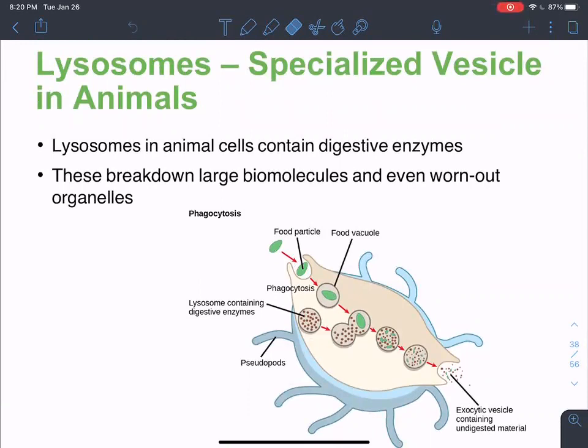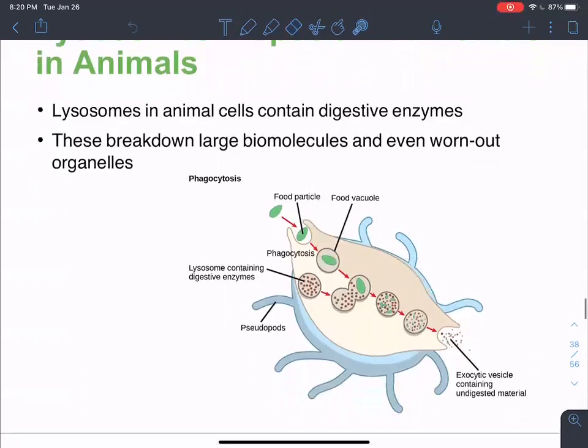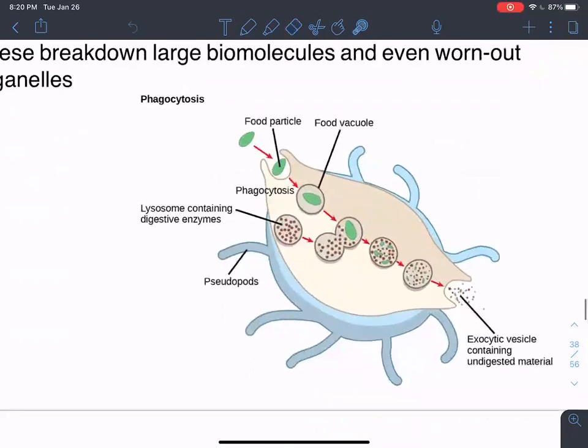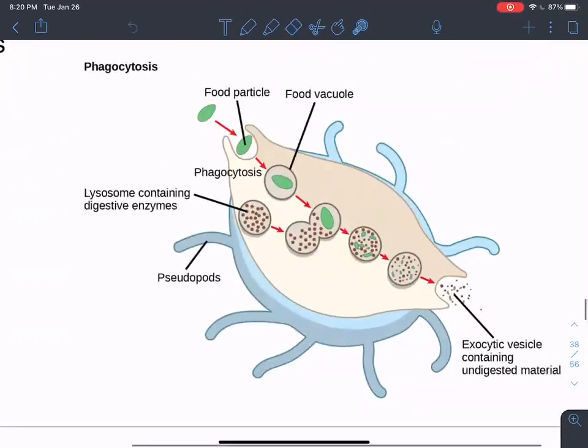So they go in, they break things down using these digestive enzymes, and they do this through a process of phagocytosis. If we look at this image here, you can see this, let's just call it a food particle. That's what they're calling it here. It could be a food particle of some kind that needs to be broken down. It could be actually another organelle within the cell that is breaking down, and it needs to be digested.